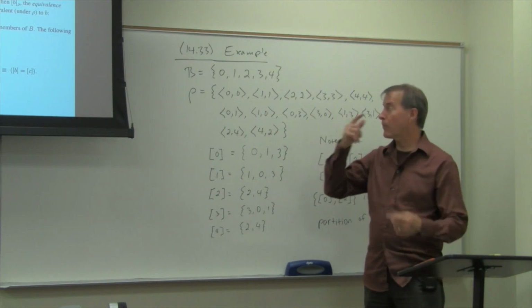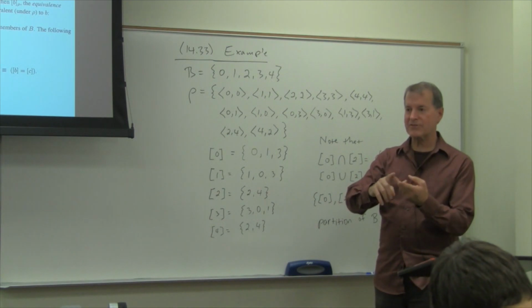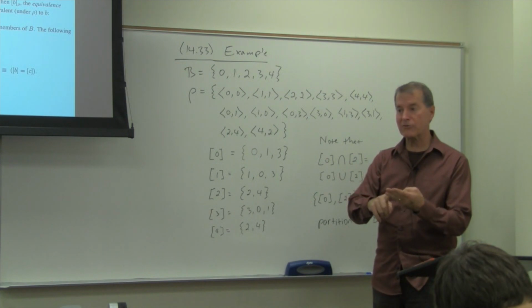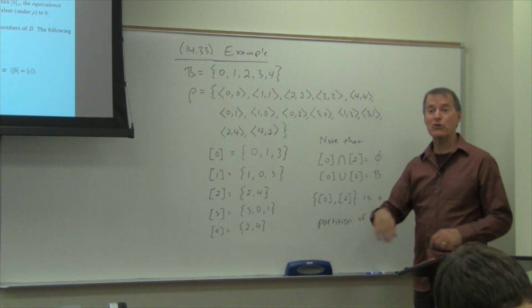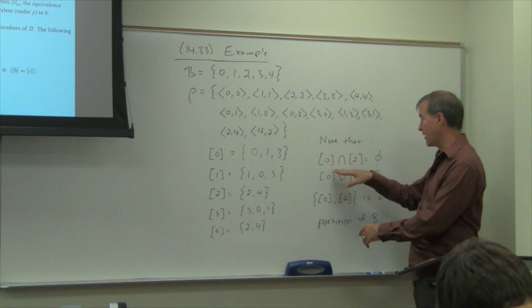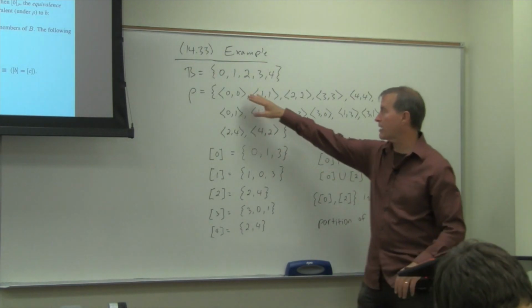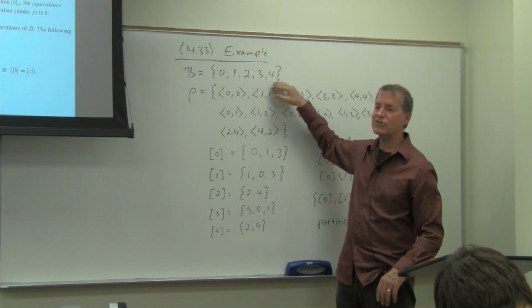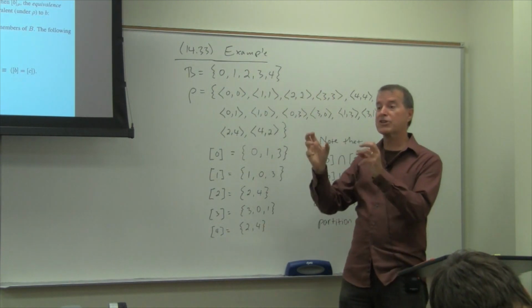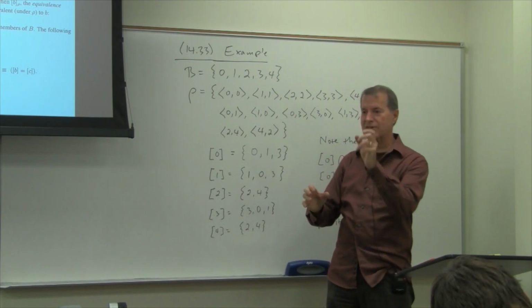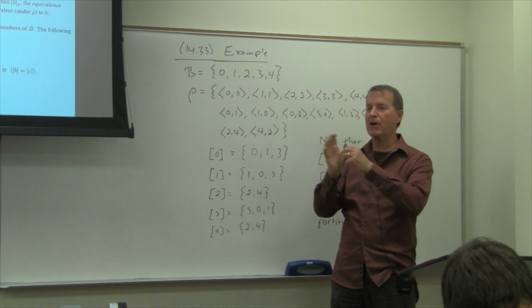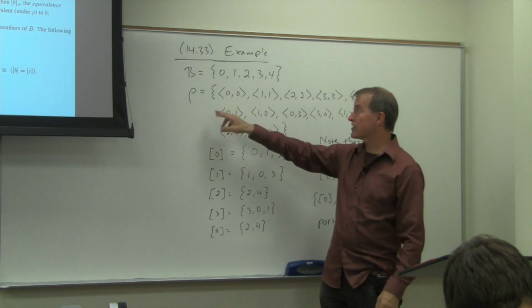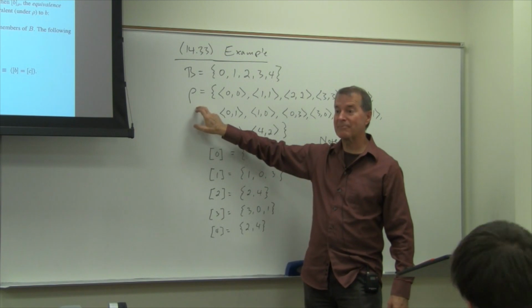And why should it be that if it's reflexive, symmetric, and transitive, it'll do this? And not only that, you can go the other way around. If you have a set of elements, like 0, 1, 2, 3, 4, 5, 6, 7, 8, 9, 10, or A, B, C, D, E, F, G, H, I, J, K, and you partition those, a bunch in one partition, a bunch in another, such that they are pairwise disjoint and the union is the whole thing, you can define an equivalence relation based on that partition.